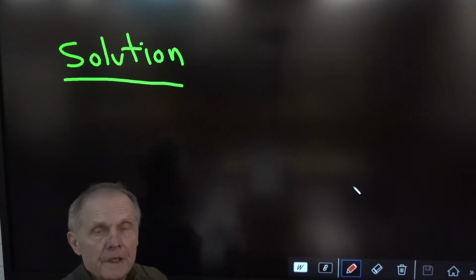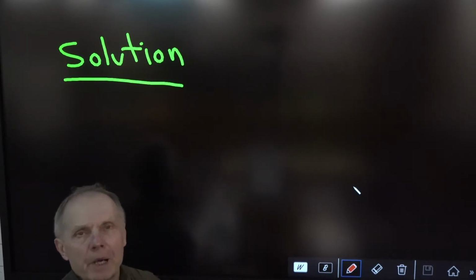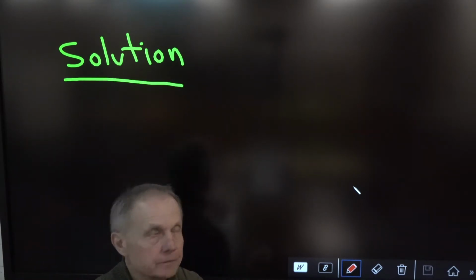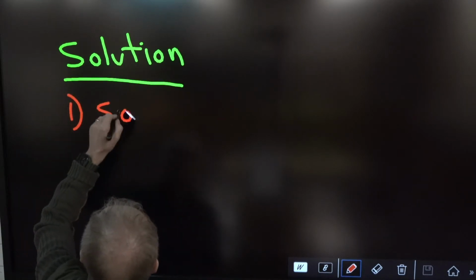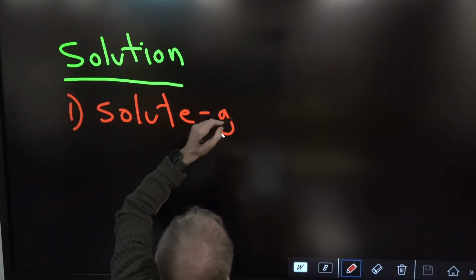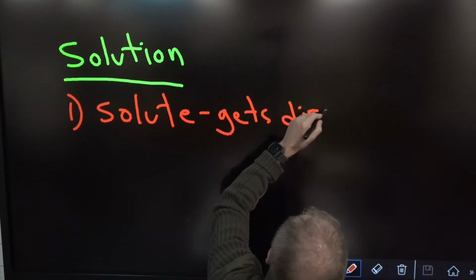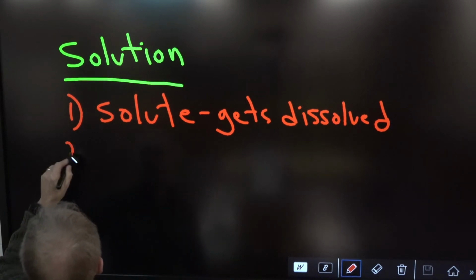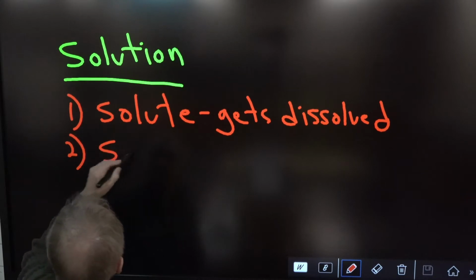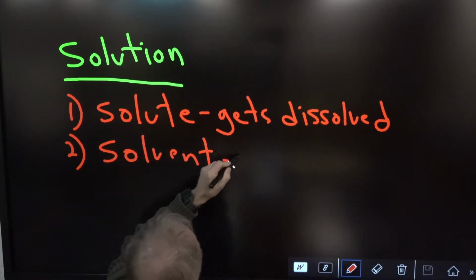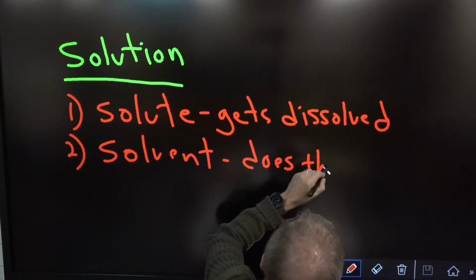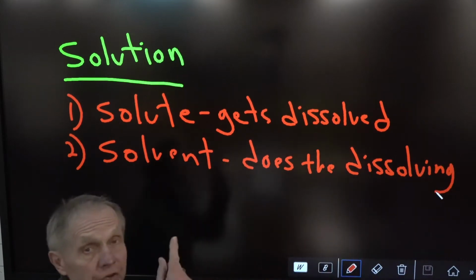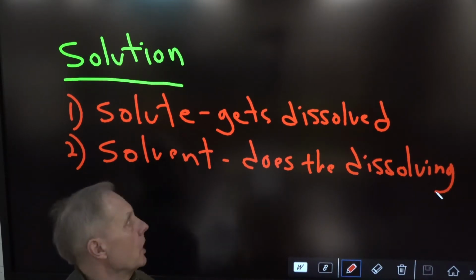A solution is physically put together. The easiest one to remember is water and salt. So you put the salt, which is called a solute, that gets dissolved into a solvent. So the solute would be like NaCl or salt, into a solvent.